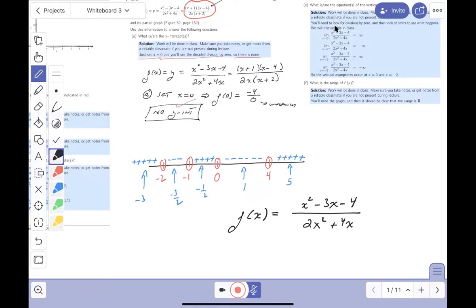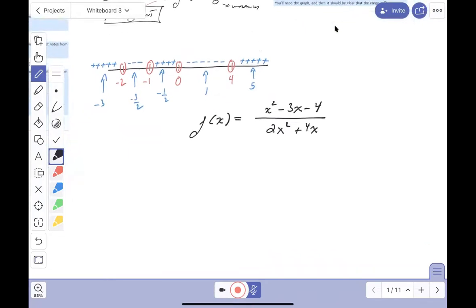And there's two places I'm very worried about. I'm worried about when we get close to 0: the limit from the right side of f of x, and the limit as x goes to 0 from the left side of f of x.